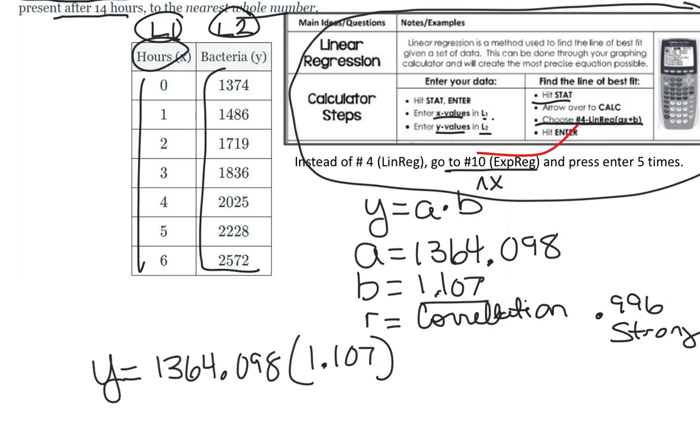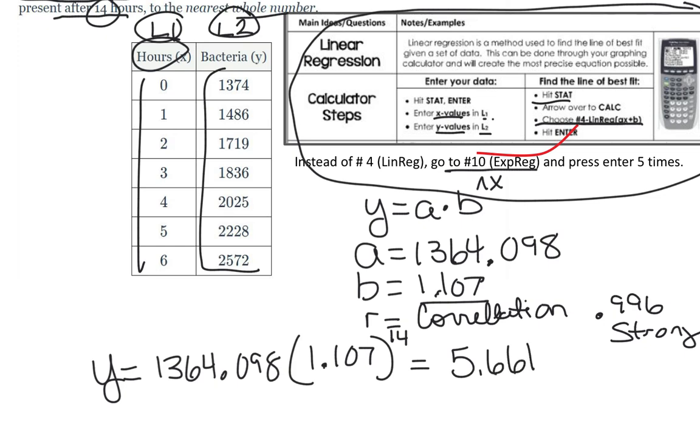And they want us to find the amount after 14 hours. So we're going to put 14 there. 1364.098 times 1.107 to the 14th. So you're going to get 5,661.